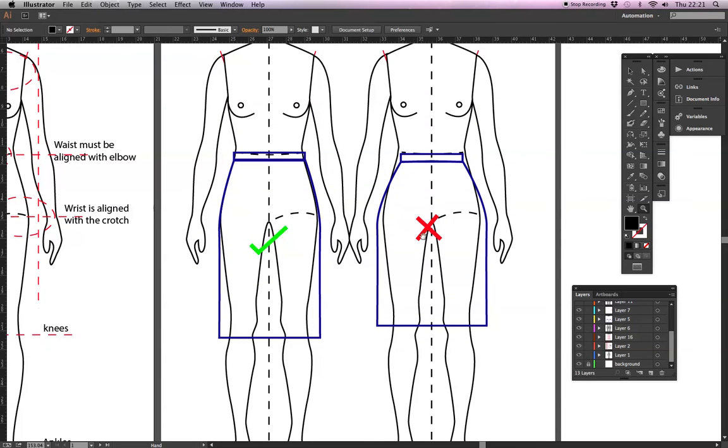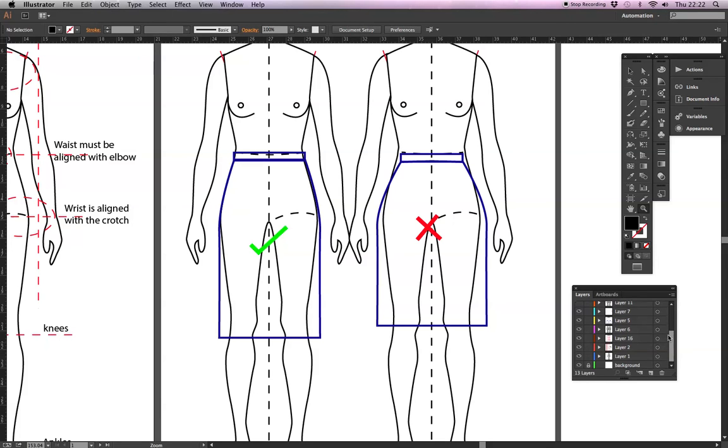That just goes to show you how, if you have one area or a couple of areas that are not in proportion, it can throw the whole thing out. Let's have a look at the one that's in proportion. Obviously you can see it fits nicely around the waist. The hips, it glides over, goes straight down, and it ends at the right position at the knee. Okay?